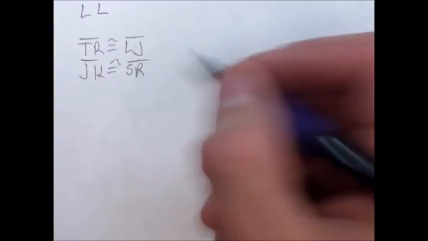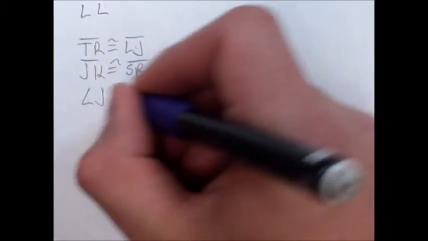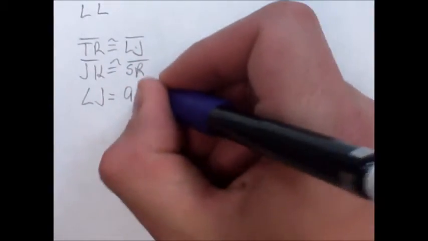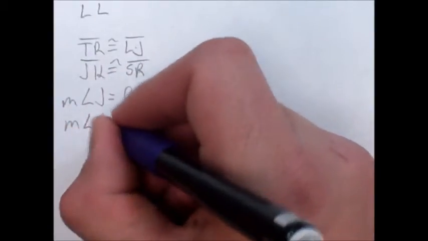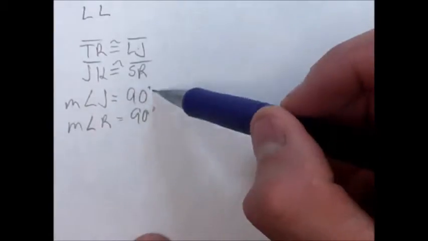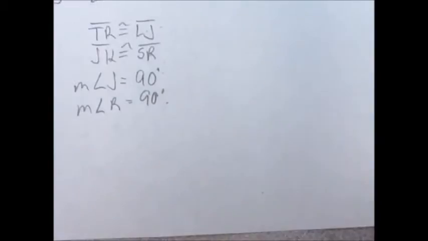Now we need to state that they're right triangles. So angle J is equal to 90 degrees. The measure of it is. And the measure of angle R is also equal to 90 degrees. Okay? So we have two triangles. Both are right. And they have two sets of congruent sides.